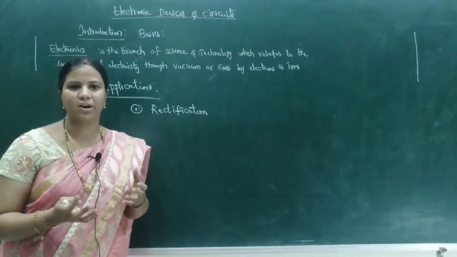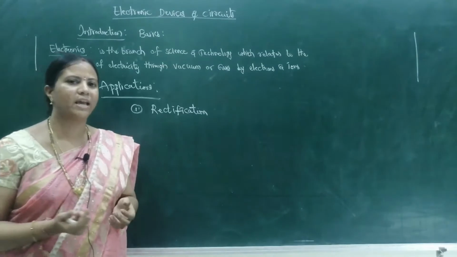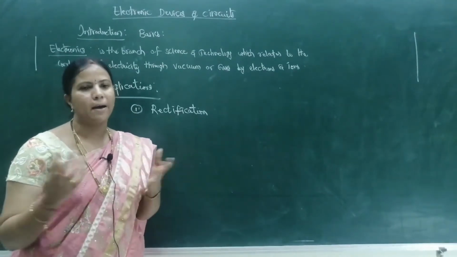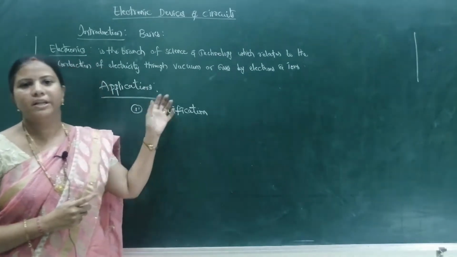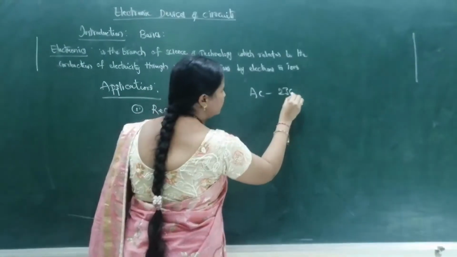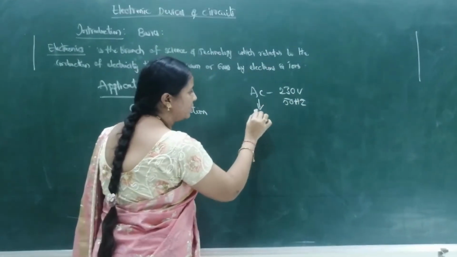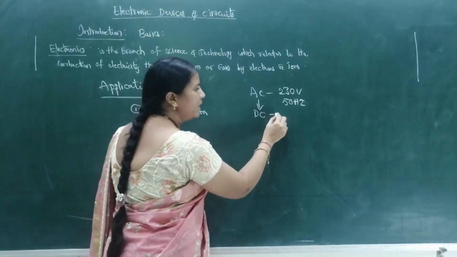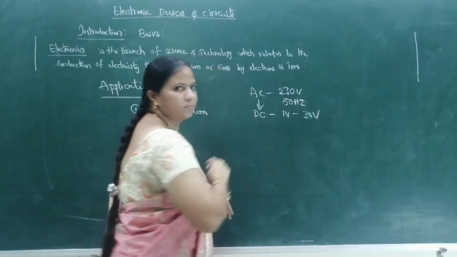Directly we are not using the AC voltage for the electronic appliances. If you use AC voltage, it will damage them. So that's why we have to convert AC voltage to DC voltage. Actually AC voltage is 230 volts, 50 Hz. If you convert this AC voltage into DC voltage, it is up to 1 volt to 30 volts.